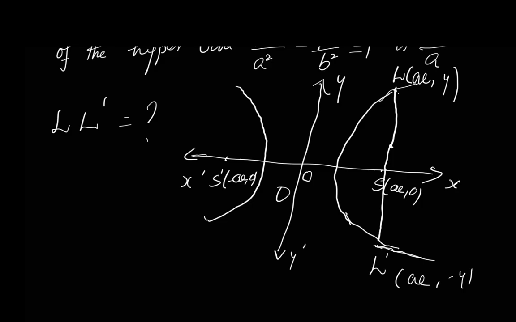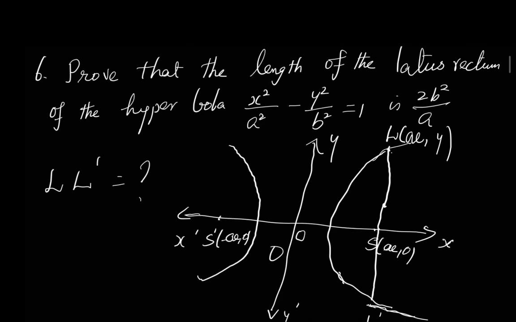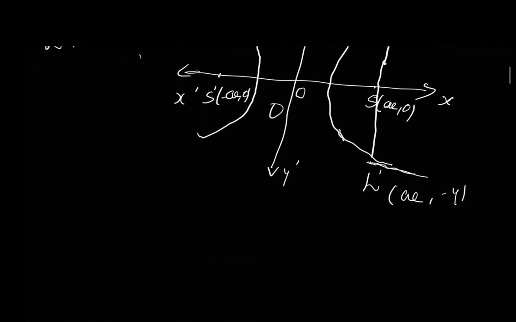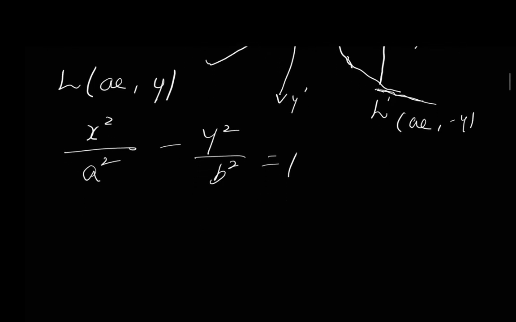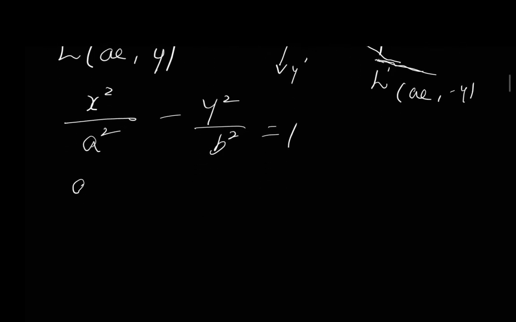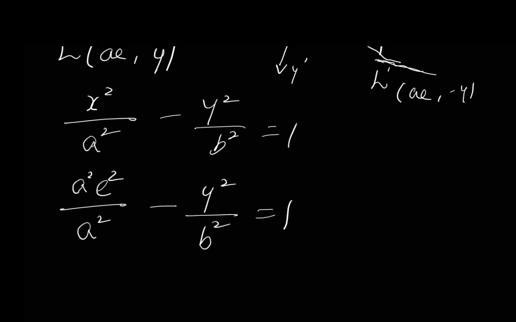Since these 2 points are on the hyperbola, they satisfy its equation. Take one point L as ae, y. The hyperbola equation is x square by a square minus y square by b square equal to 1. Replace x as ae, that is a squared e squared by a square minus y square by b squared is equal to 1.